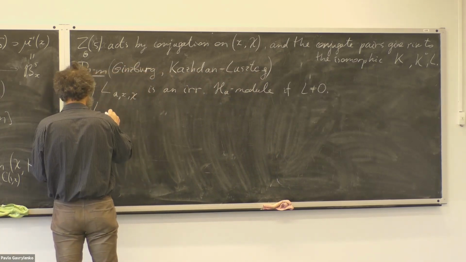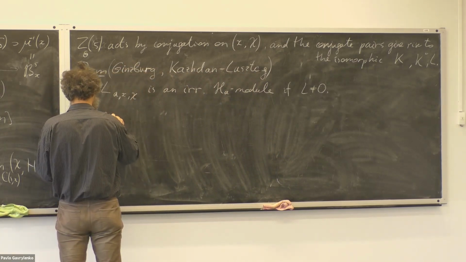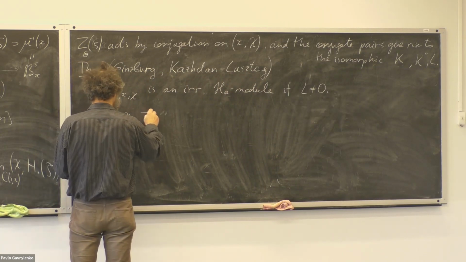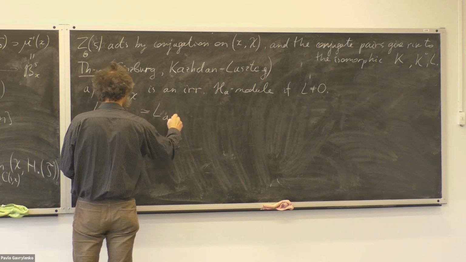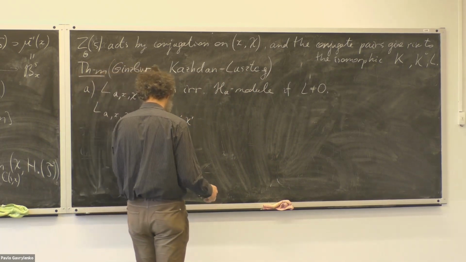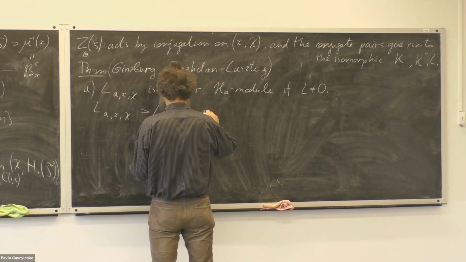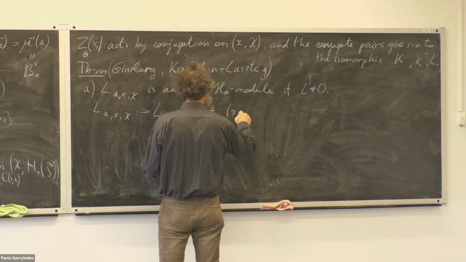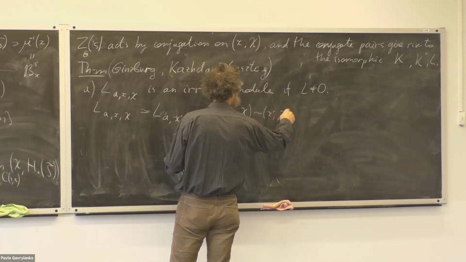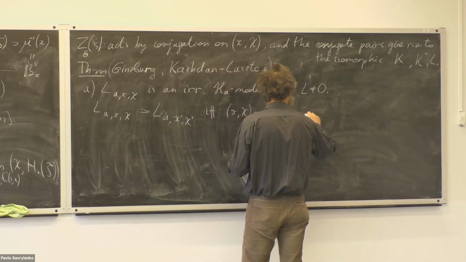Now, the two modules L A X chi and L A X prime chi prime are isomorphic if and only if the pairs X chi and X prime chi prime are conjugate.